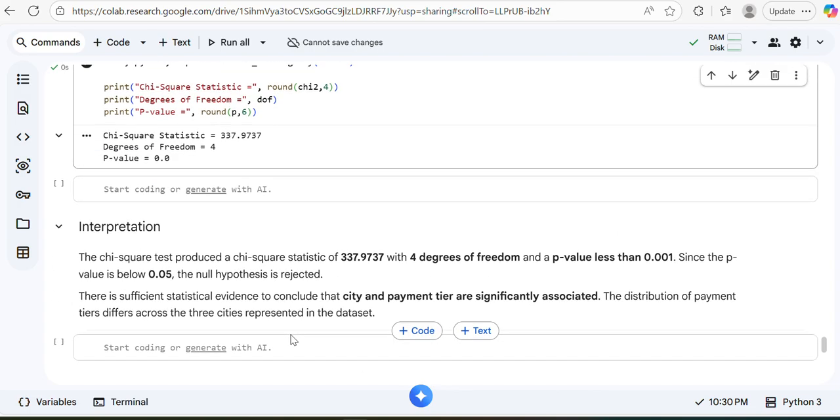So overall, this project showed how statistical methods can be used to analyze employee data and provide answers.